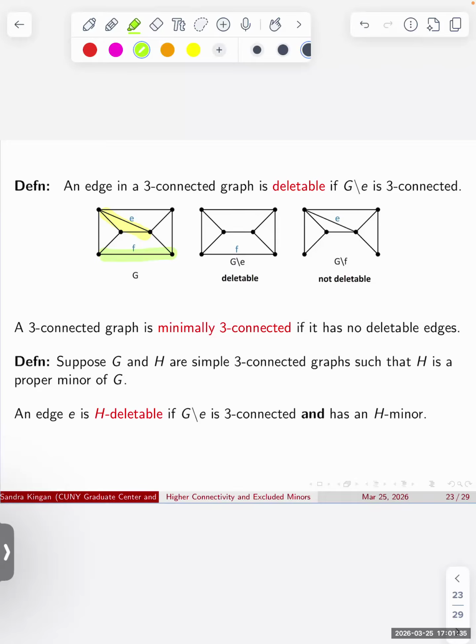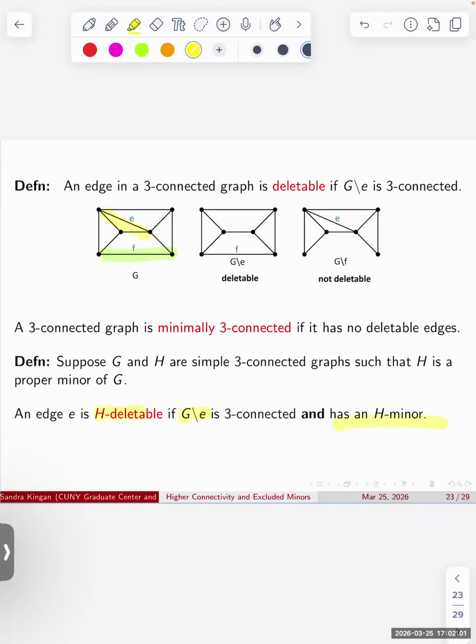And now let's introduce H minor in the picture. Suppose G and H are simple 3-connected graphs such that H is a proper minor of G. Then an edge is H-deletable if deleting it is 3-connected and preserves the H minor, right? And this is a very broad definition.